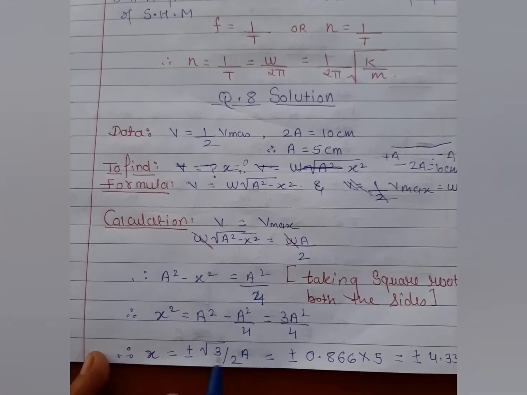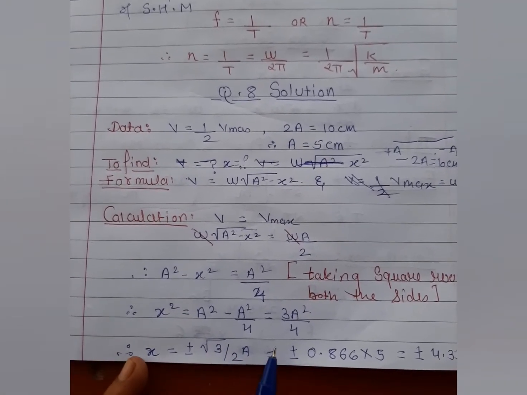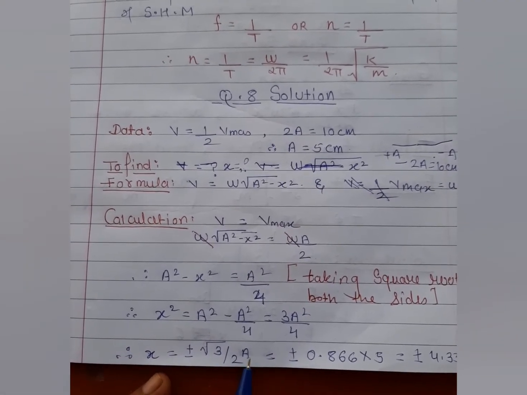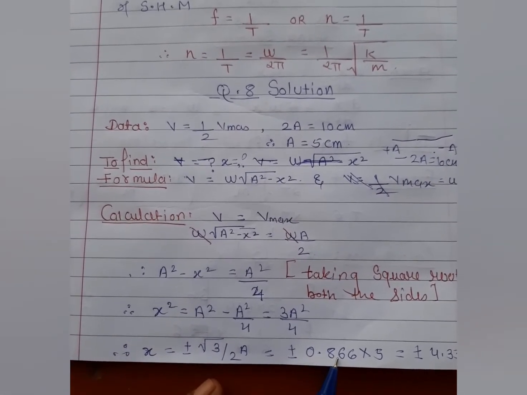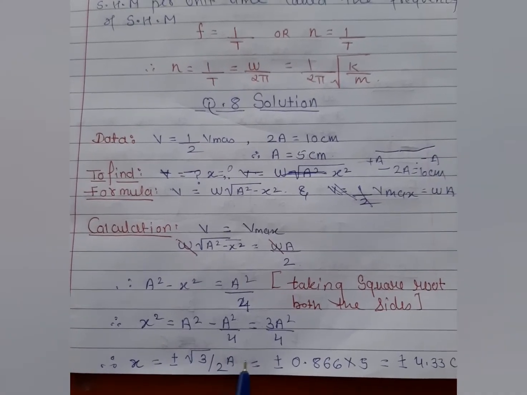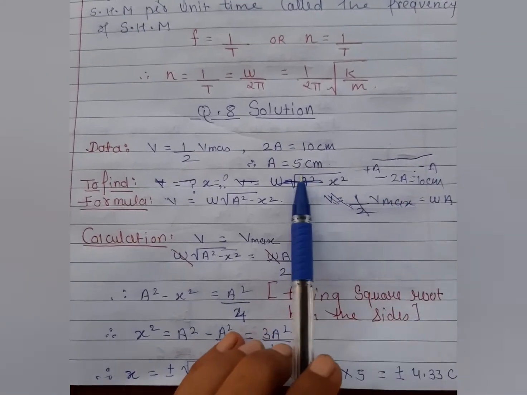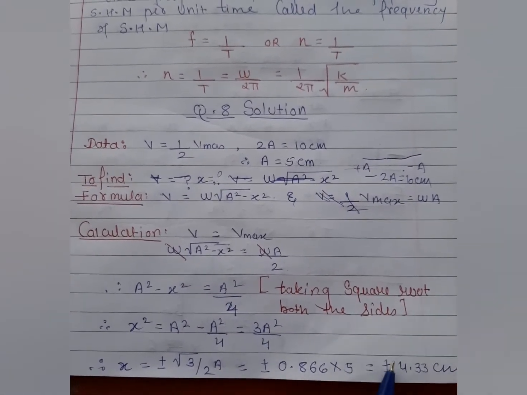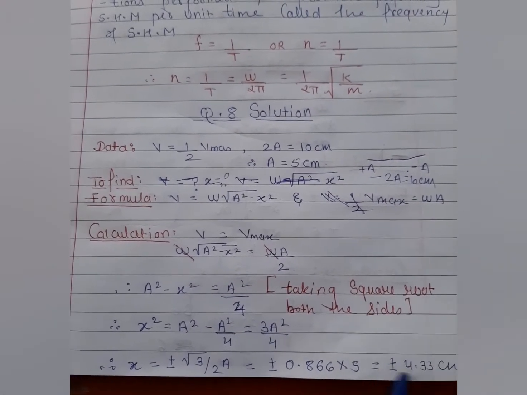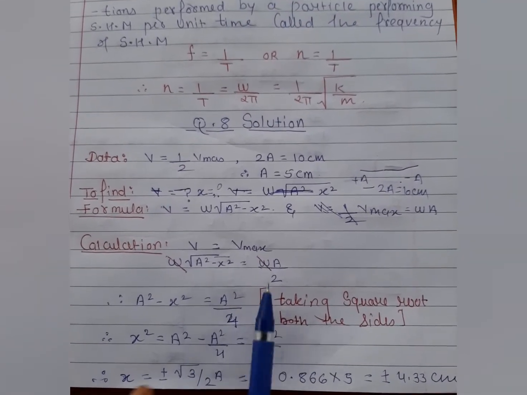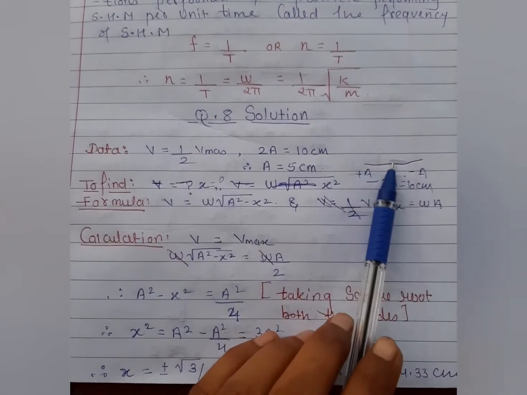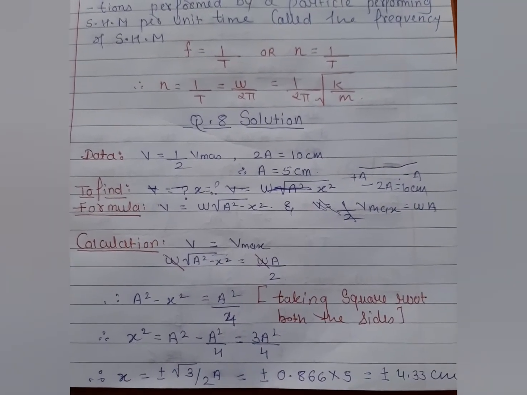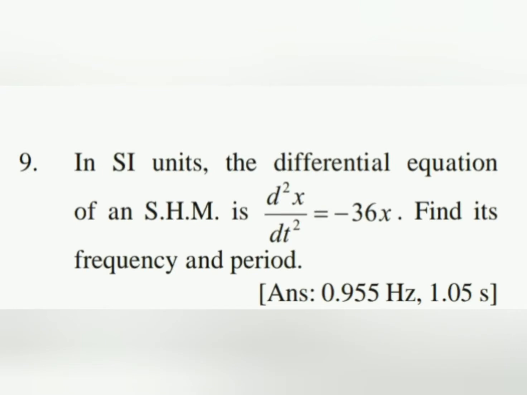So when we take the value of root of 3 by 2, that is 0.866, multiply by the amplitude a, that is 5 centimeter, and when we multiply these two terms, we get plus or minus 4.33 centimeter. It means students, when the particle moves with half of its maximum velocity, we get the displacement 4.33 centimeter.